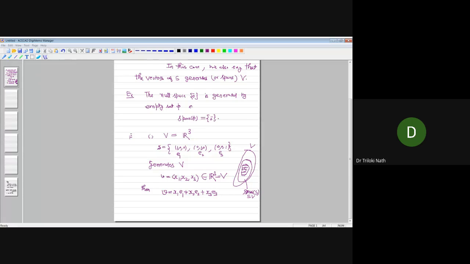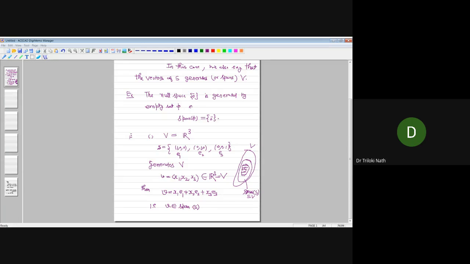So it is clear that v can be written as a linear combination of these three vectors e1, e2, e3, where x1, x2, x3 are the real numbers, that is the coordinates of the vector v. So it is clear that this v can be written as a linear combination of vectors in S, that is, belongs to span S. Okay.